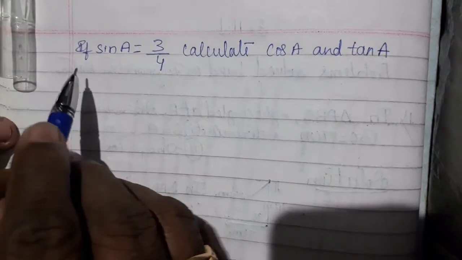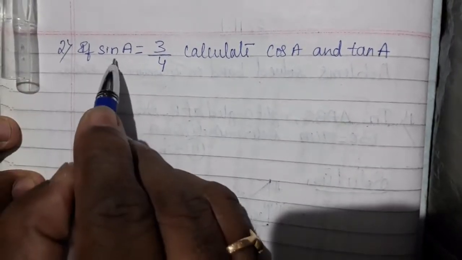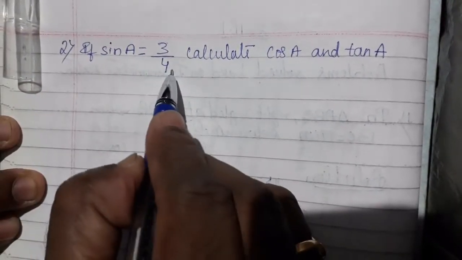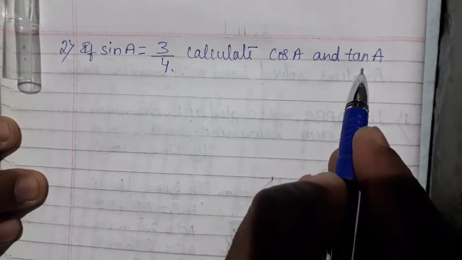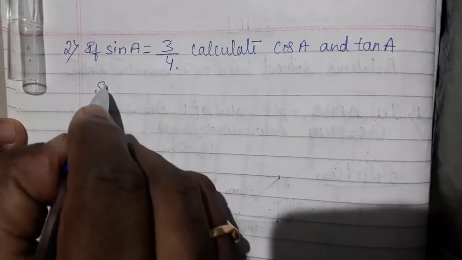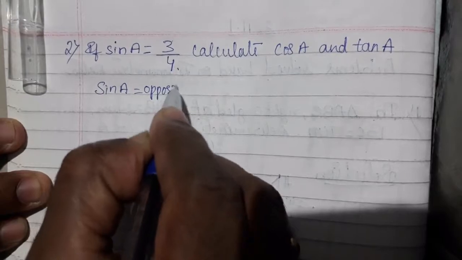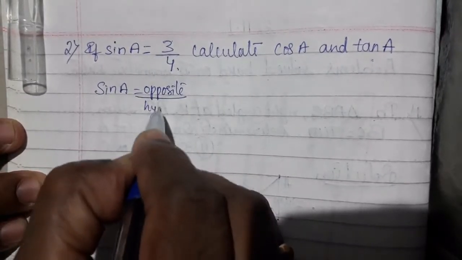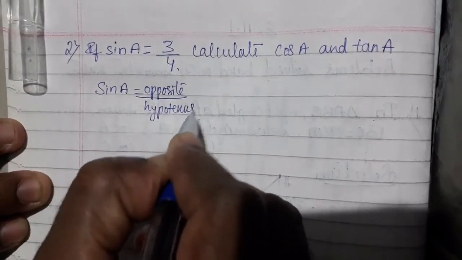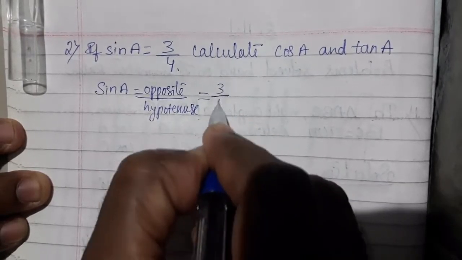Now one more sum we have selected. If sin A is equal to 3 by 4, calculate cos A and tan A. Sin A is opposite by hypotenuse, equal to 3 by 4.